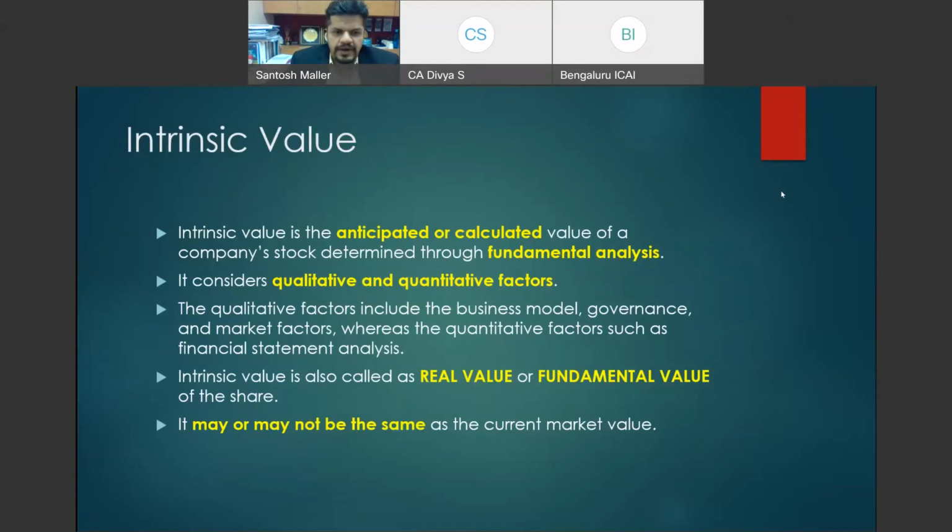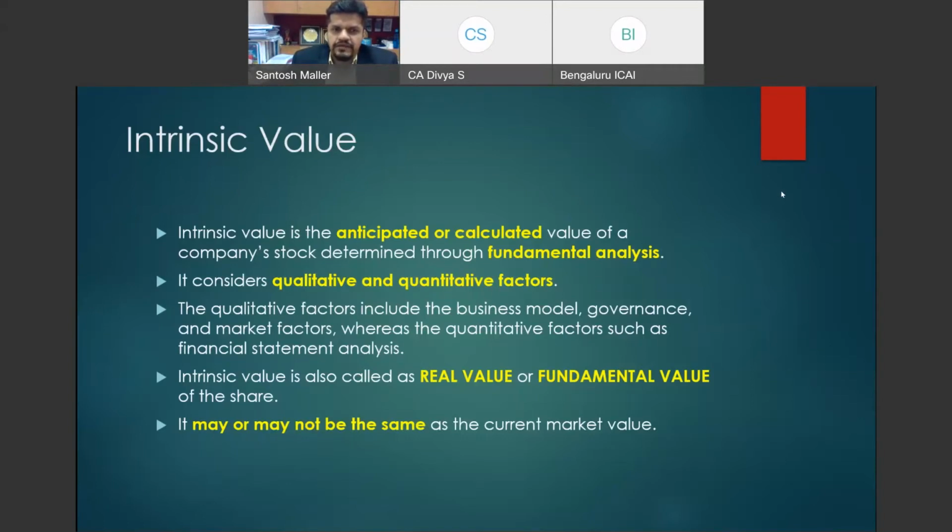The second bullet point: it considers qualitative and quantitative factors. Now, what are examples of quantitative factors? Expected future cash flows, cash flow projections. You will have the discount rate, the WACC, the growth rate, the terminal growth rate.